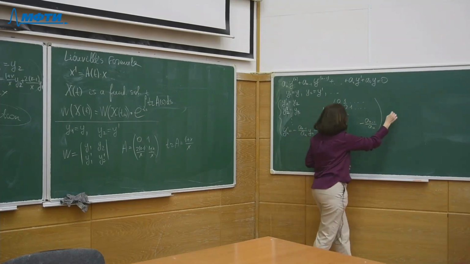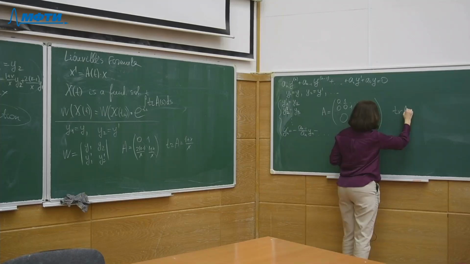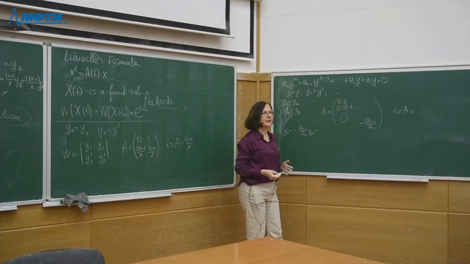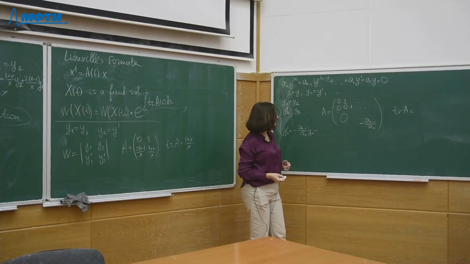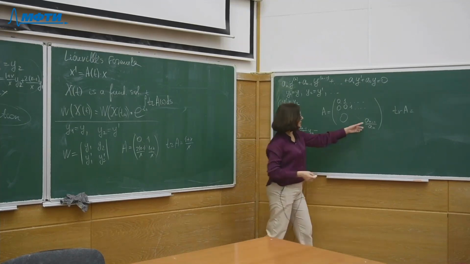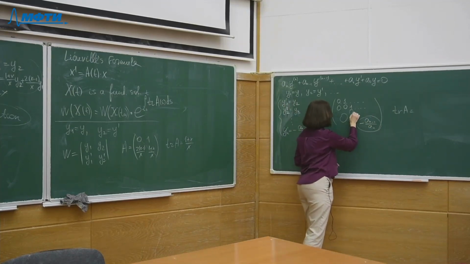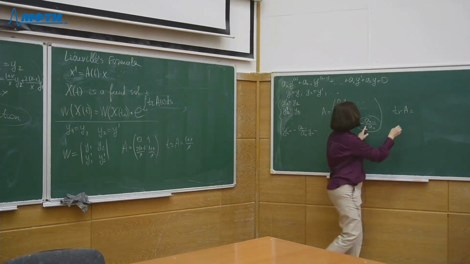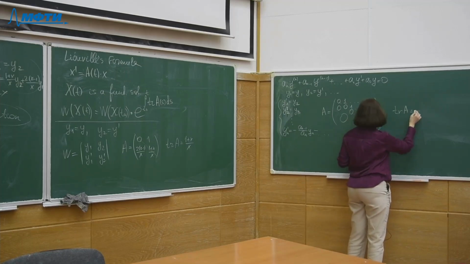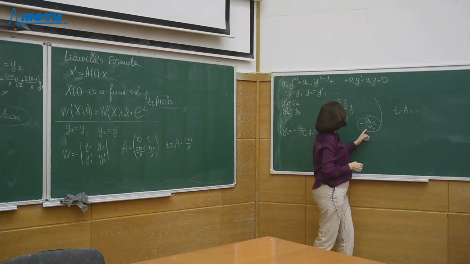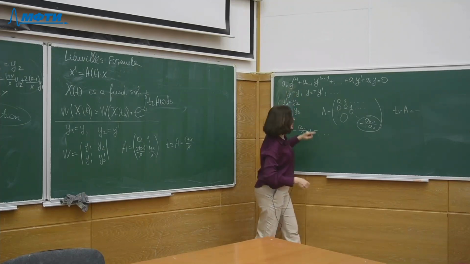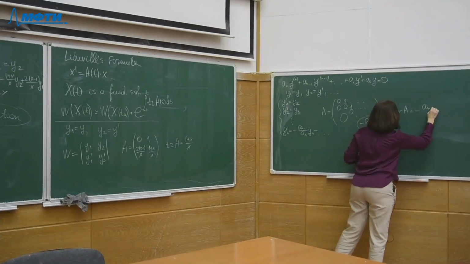What is the trace of this matrix? Because we have zeros on the main diagonal, this is the trace: the last element. And you can see that we can extract the trace from this equation: minus a_{n-1} over a_n.